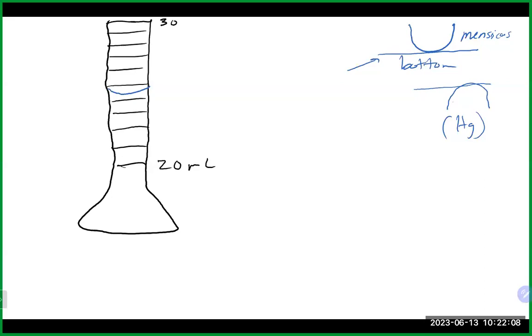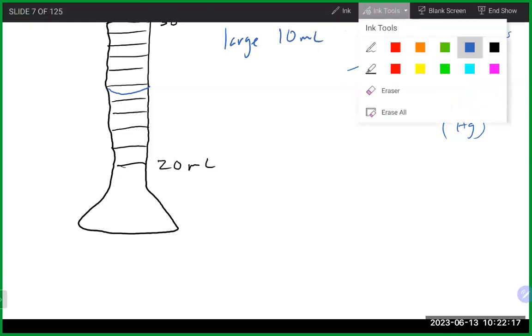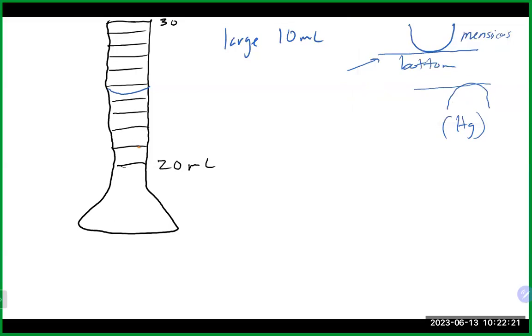As we look at our large scaling on this guy here, we have 20 on the bottom and 30 on the top. That is 10 milliliters in this case. Once again, if we count the number of lines between them, starting with the one past the big marking, that's 1, 2, 3, 4, 5, 6, 7, 8, 9, and 10.